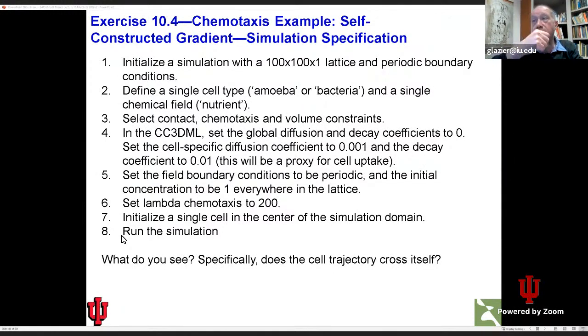Set the diffusion and decay constants globally to 0, but set a diffusion coefficient and a decay coefficient inside the cell, just for the cell. Set the initial concentration to be 1 everywhere, uniform. And you can make boundary conditions for the field to be periodic. Lambda chemotaxis 200. What happens?